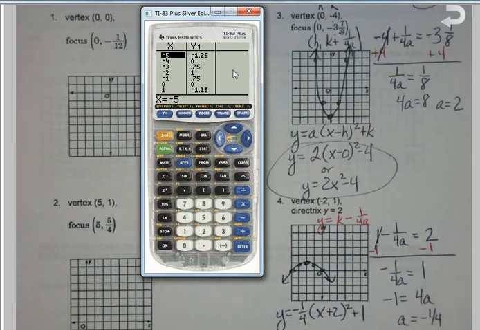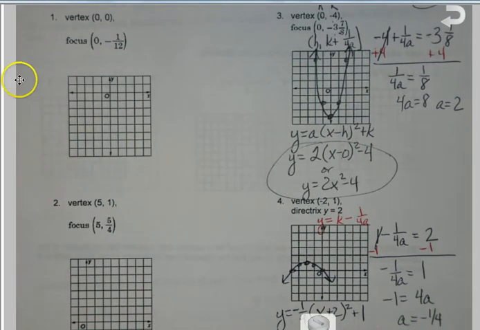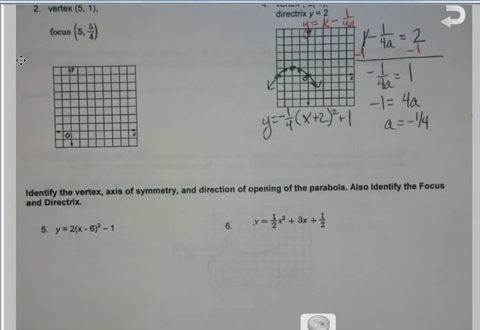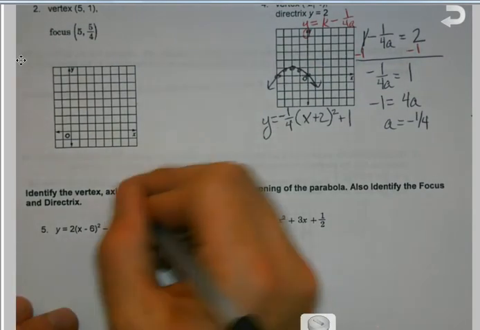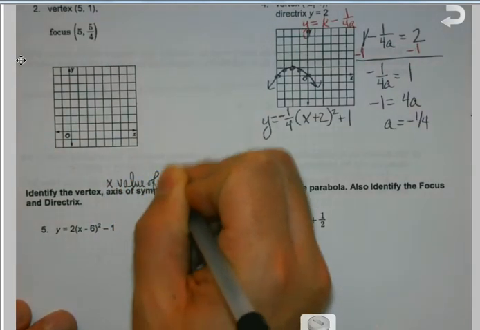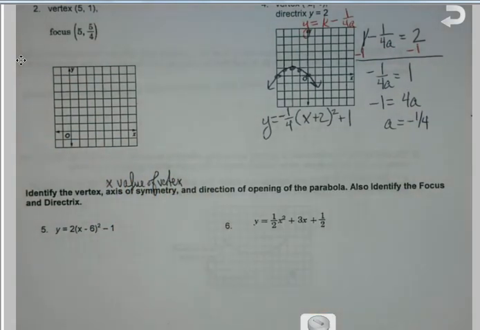So as you're doing any of these, the one other thing I wanted to mention on this sheet, which I'll probably mention more on the couple of questions we look at on the quiz preview, is when it talks about, okay, we can identify the vertex, that's not a big deal. The axis of symmetry, okay, it's the x value of my vertex. I got that. The direction of opening of the parabola. Now remember, there's two things that helps me with.